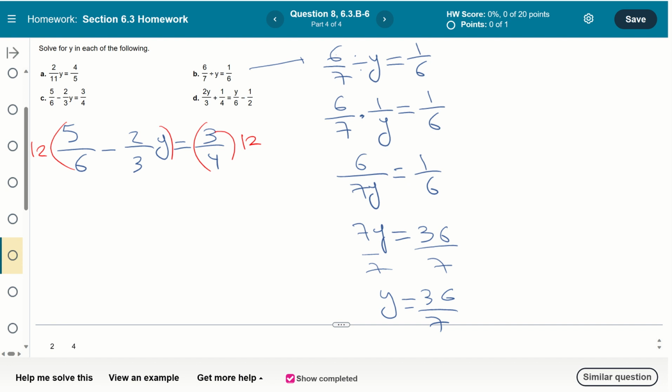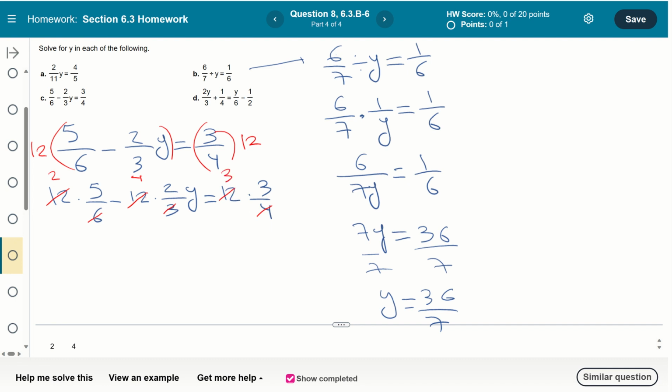So now we end up with 12 times 5/6 minus 12 times 2/3 y equals 12 times 3/4. Now, if we've found the correct LCD, all those fractions should get cleared now. Let's see. So 6 and 12 leave me 2 on top, 3 and 12 leave me 4 on top, and 4 and 12 leave me 3 on top.